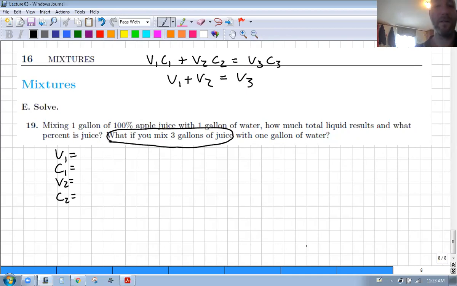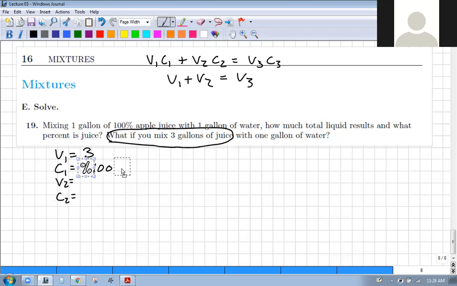All right, that's our first liquid. How many gallons do we have? 3. Yes, so we have 3 gallons is volume 1. What's its concentration? Well, they just say juice. 3 gallons of juice. I'm going to assume that means it's 100% juice.